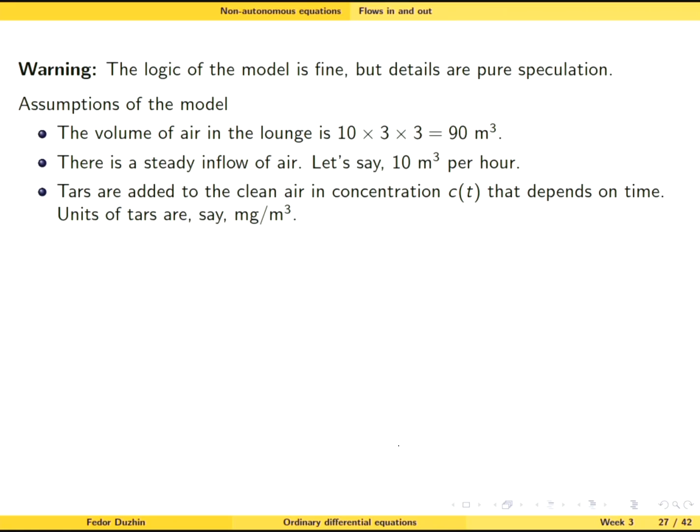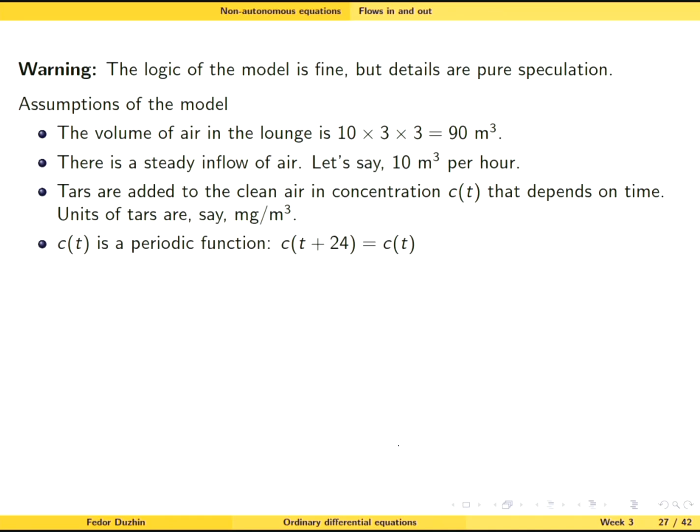So anyway, there is a certain steady inflow of clean air. Then when people smoke in the lounge, tars are added to the clean air in a certain concentration that depends on time. So this function C of t is supposed to model the periodic addition of tars due to people smoking.